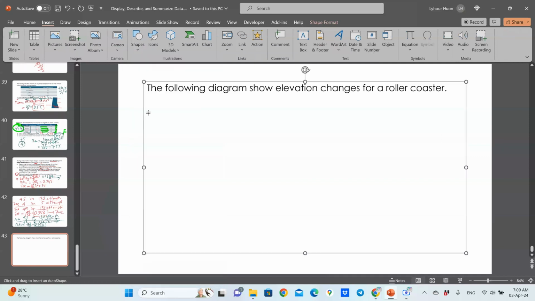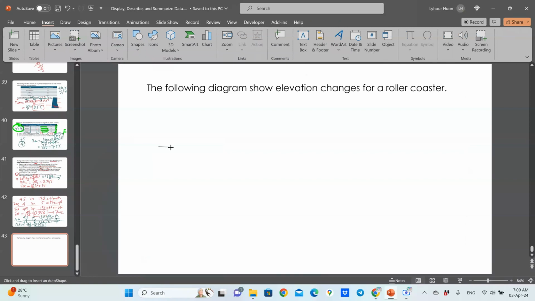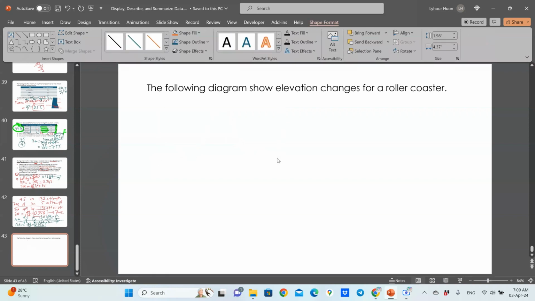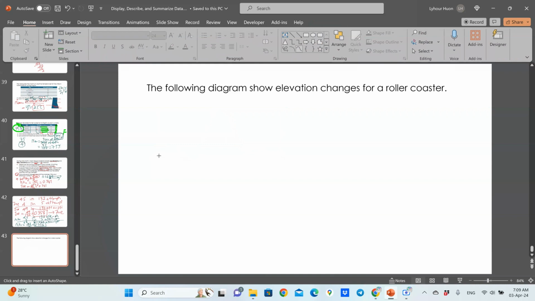Okay, so that should be the starting point, and then it starts to go down to point A, the first point, and then it goes up to point B, and then it turns to another point C here.